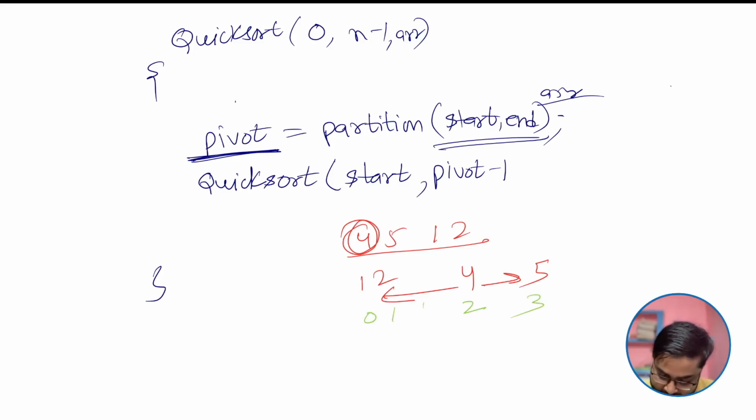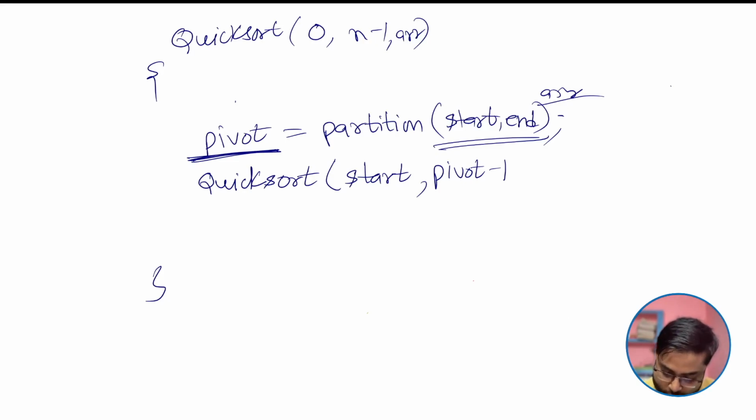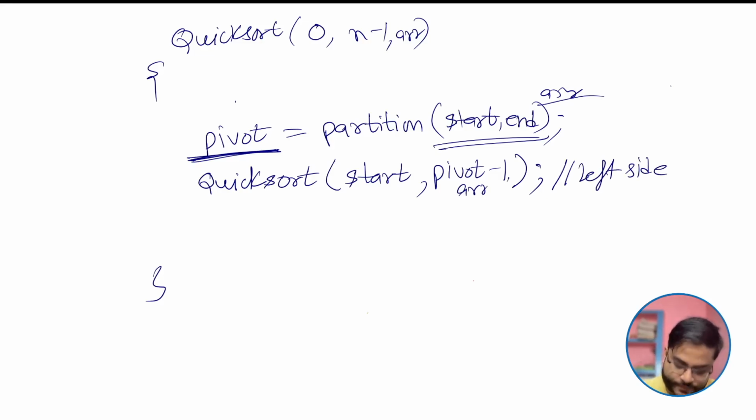I will run quick sort from start till pivot minus 1 for the left side, and I will run quick sort from pivot plus 1 till end for the right side. We pass the array here also.